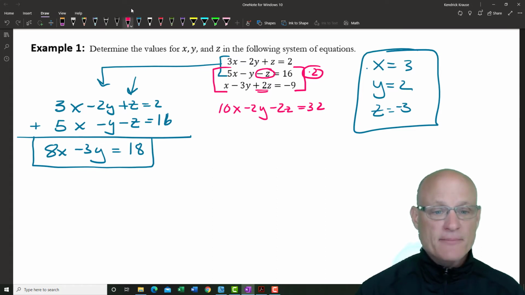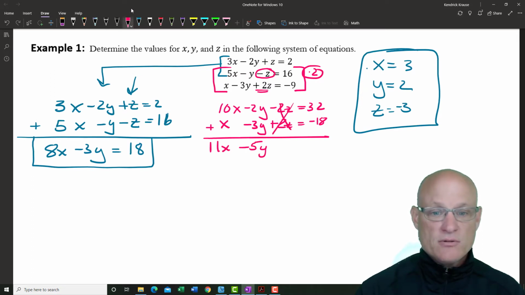Everything gets multiplied. And then the second equation I just copy down. And we add. So I get 11x minus 5y equals, what is that, 14?